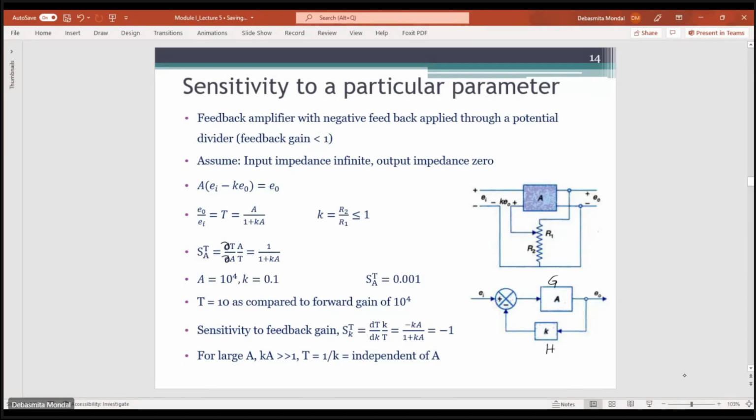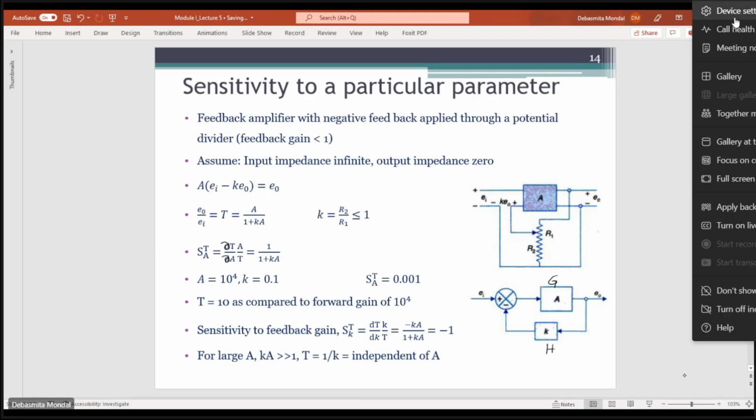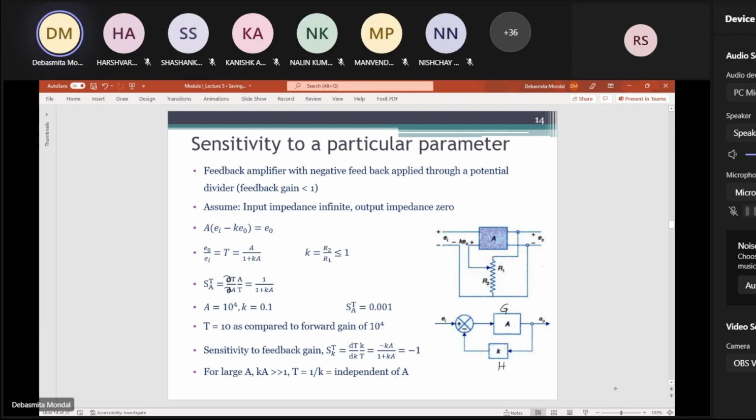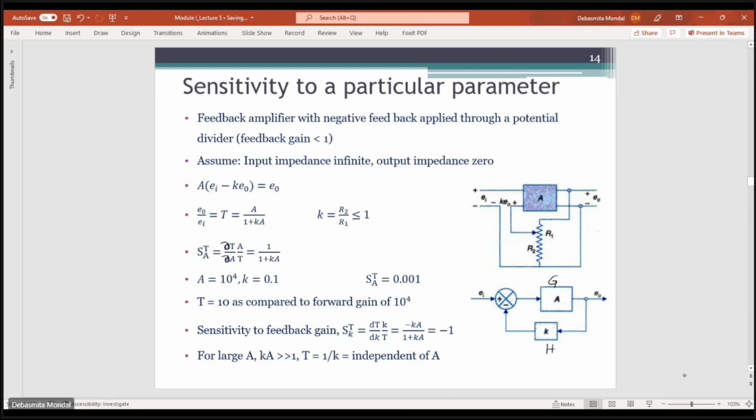If the value of A is 10 to the power 4 and K is 0.1, the sensitivity of the overall gain with respect to variations in the forward gain equals 0.001. So the value of T equals 10, as compared to the forward gain, which was 10 to the power 4.